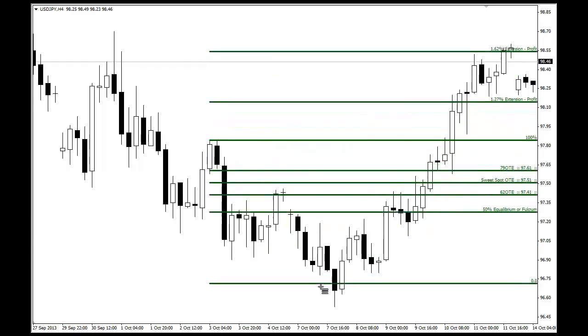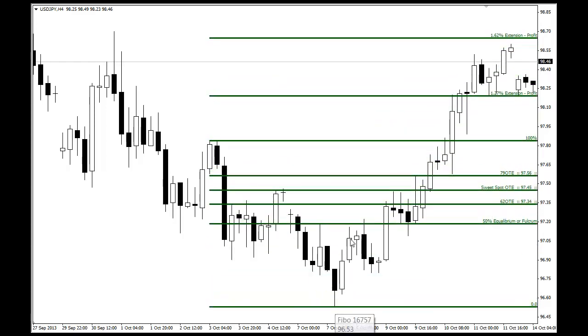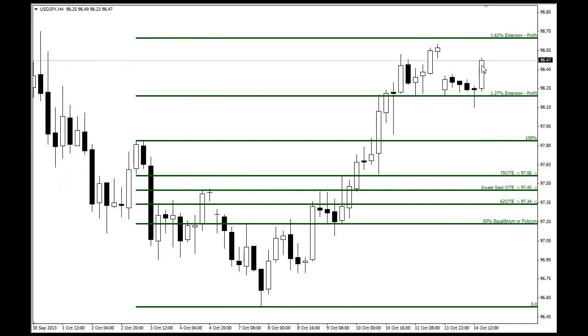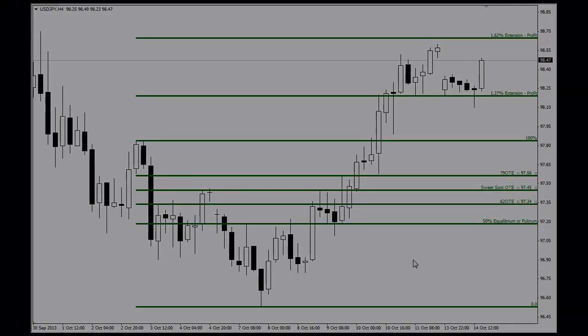Pull it down to the low, and then here's your 127, and we just fell short of the 162 here, and we just might get that in the coming days, or it could be just coming up to fill this gap. We don't know, but on the upside, this could be a very favorable target for a short-term to intermediate-term trade on the yen. So hopefully it's been useful, and you guys can glean some insight from it.